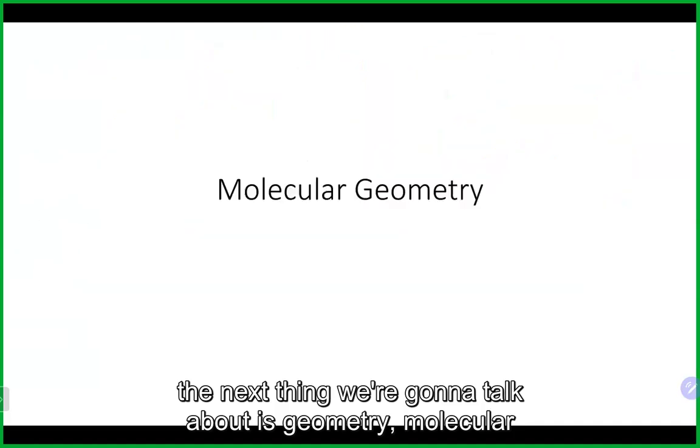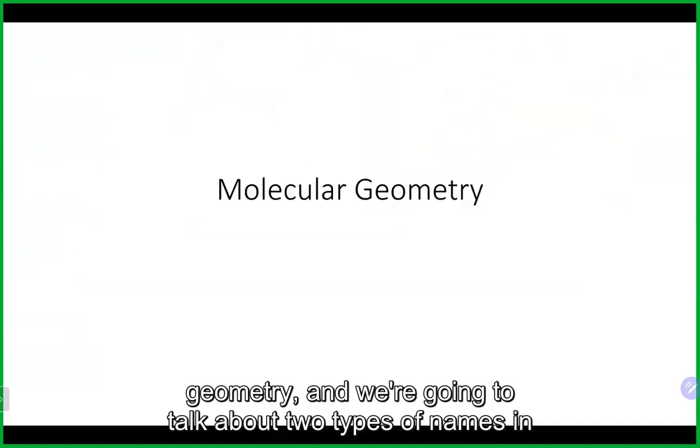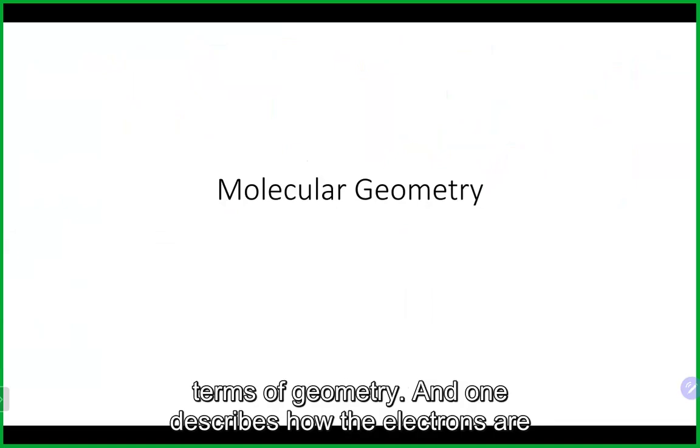Okay, the next thing we're going to talk about is geometry, molecular geometry, and we're going to talk about 2 types of names in terms of geometry. One describes how the electrons are arranged around the central atom, and this is sometimes referred to as the electron pair geometry.